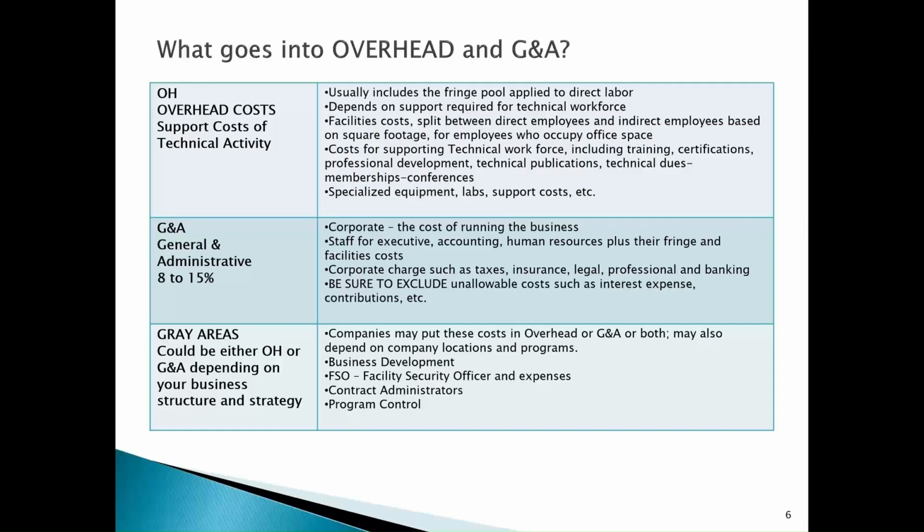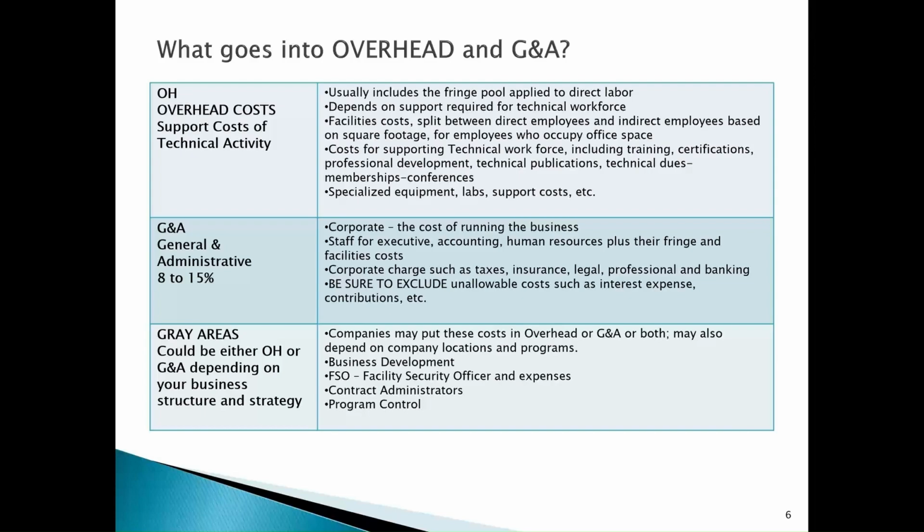There'll also be things that are unique to the company that only get paid at the company level: your state and local taxes, taxes and licenses, property taxes, your insurance, such as general liability insurance, professional liability insurance, things like that. Your legal expenses, consulting with attorneys on labor law and having them draft consulting and NDA agreements for you.